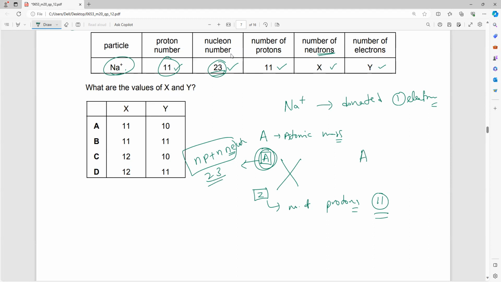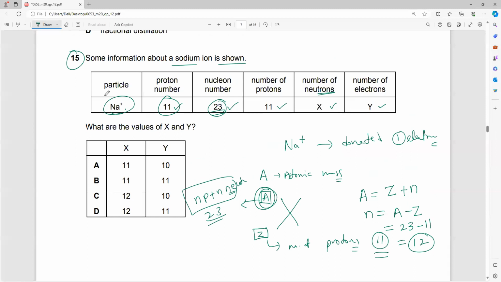Atomic mass is equal to atomic number plus number of neutrons. Number of neutrons is equal to atomic mass minus atomic number. 23 minus 11. Everybody. 12. Number of neutrons, how many? 12. Okay. Clear? Everybody?